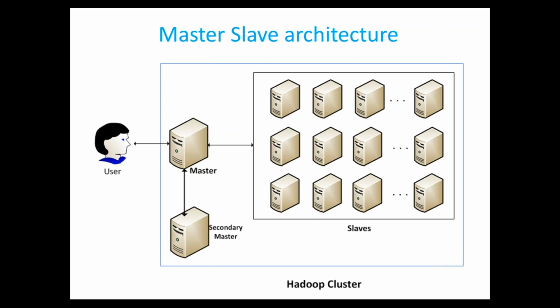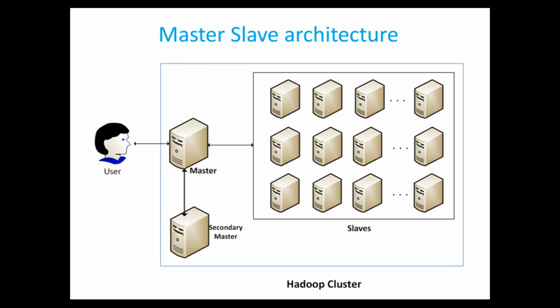You can notice that there is one more system, the secondary master, because in case the master is down, there must be some backup. Just like in the school example, if the principal is absent, we have a vice principal who can look into the activities and responsibilities in case the principal is absent.